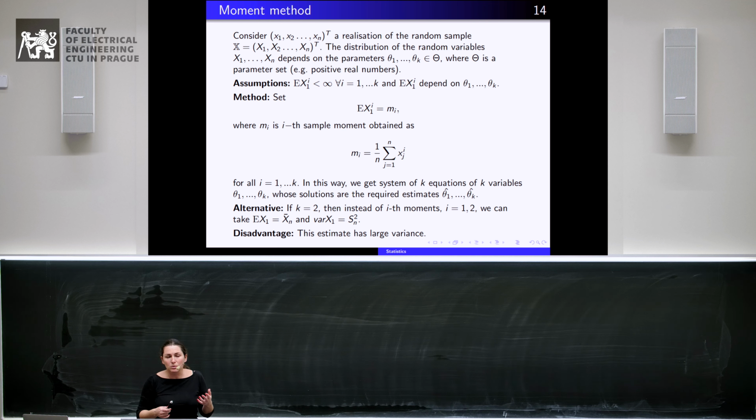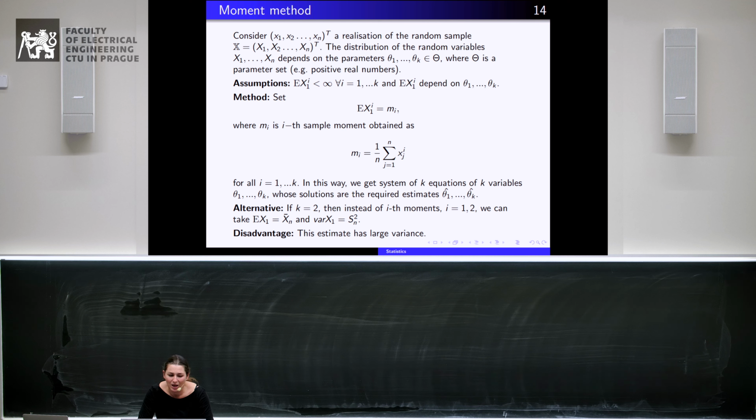So we can work not only with the moment of the random variable, but also with this central moment. Everything that is called a moment can be used here. And then it is very fast, very simple.